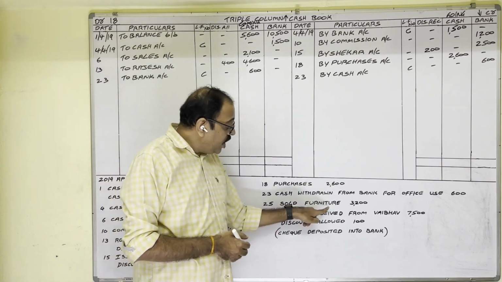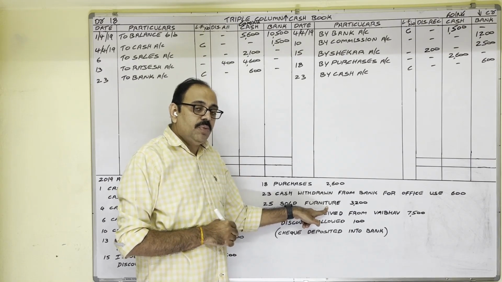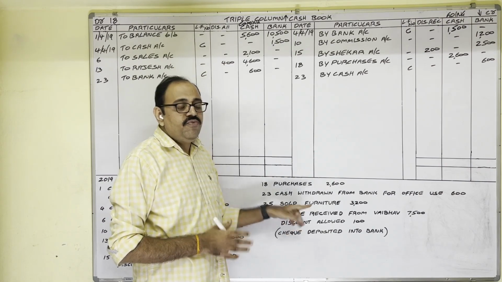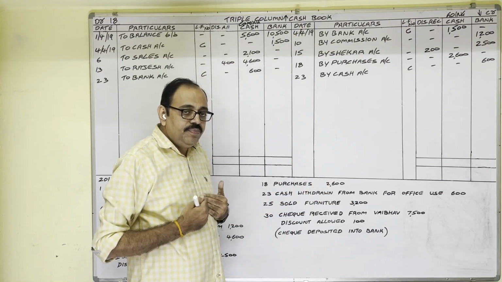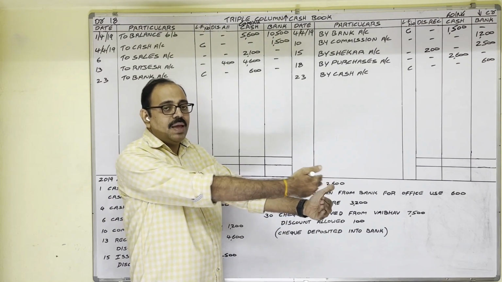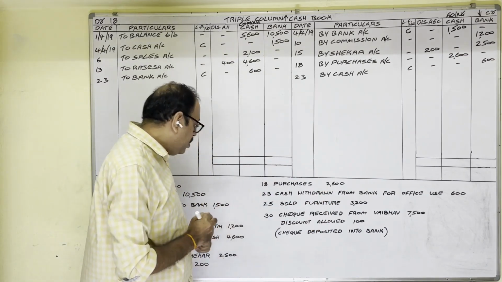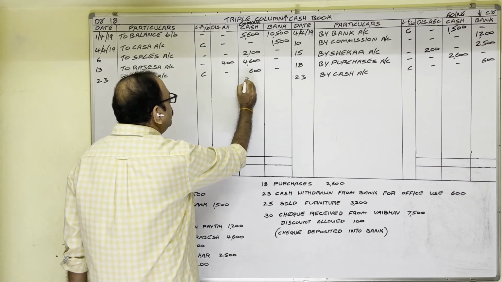Here, to whom we are selling, the buyer's name is not given. So the meaning is we sold for cash. From the firm, furniture is going and from the buyer, cash is coming. Cash is coming, so debit side. 25th date, 3200 in the cash column.